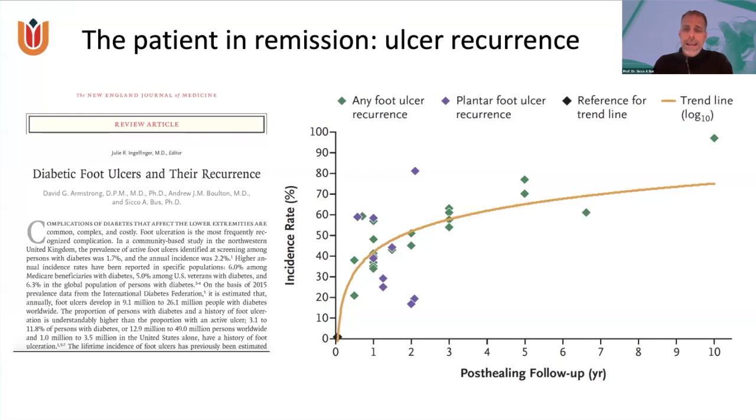If you draw a trend line through all those studies, you see that already within 1 year, 40% of patients who have healed from a foot ulcer re-ulcerate. And this increases to 60% in 3 years and even further over time.